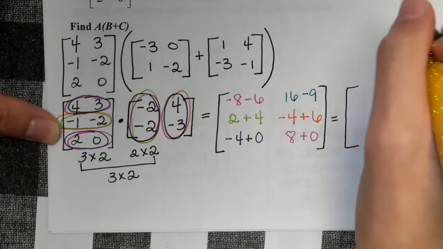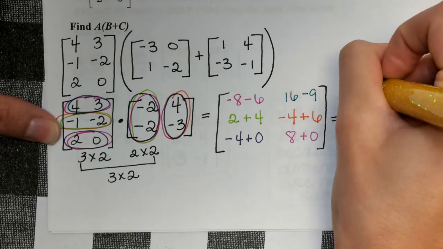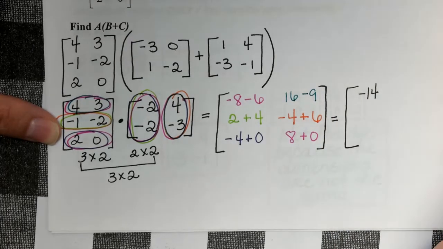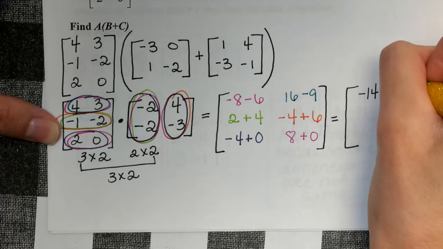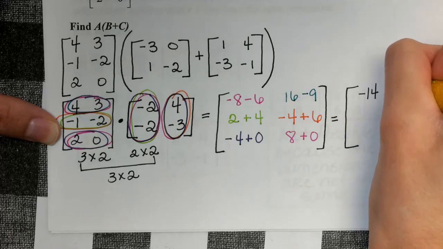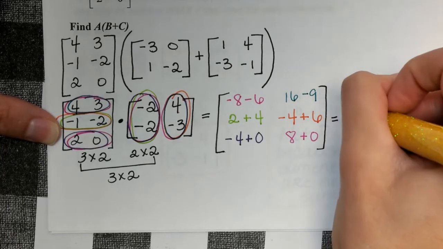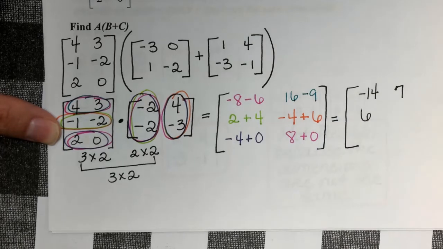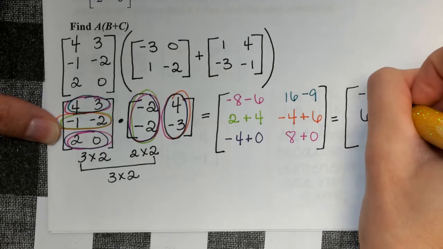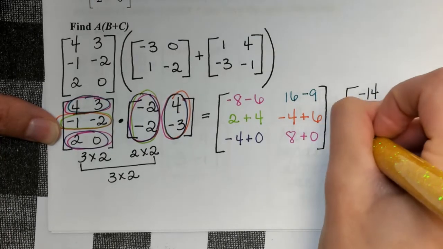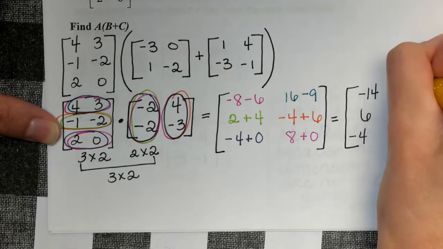-8 minus 6. 16 minus 9. 2 plus 4. -4 plus 6. Then -4 and 8.